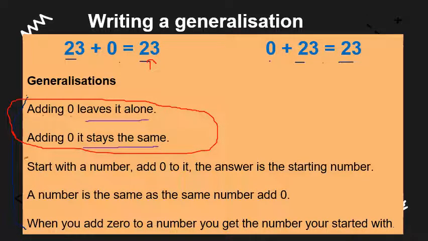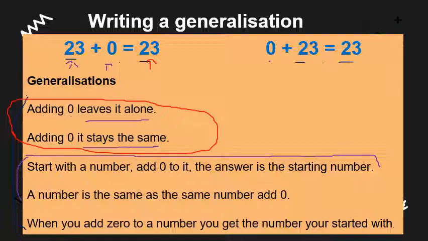Let's look at these next two. So start with a number, so 23, and add 0 to it. And the answer is the starting number. Okay, that seems to make sense. It's kind of a mathematical way of thinking. It's almost like following the number sentence. And the number is the same number, add 0. So that's kind of going backwards, and maybe over here, the number is the same number, add 0.